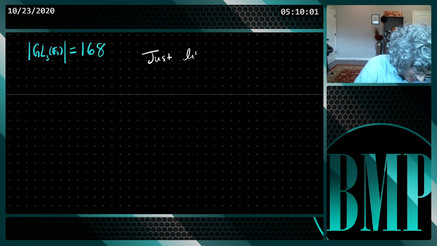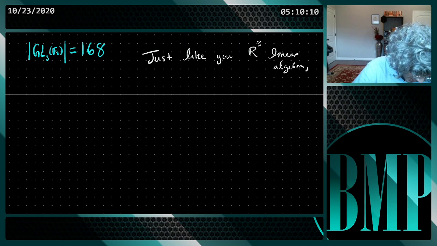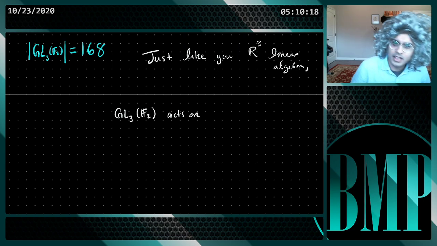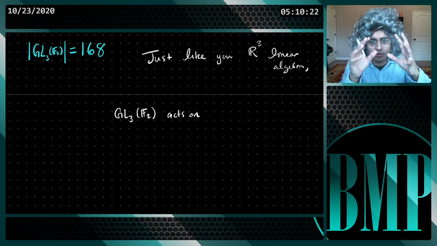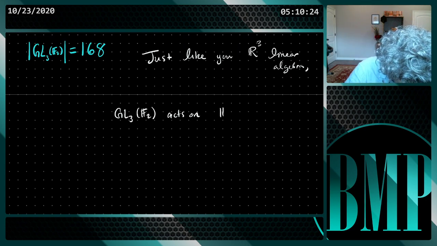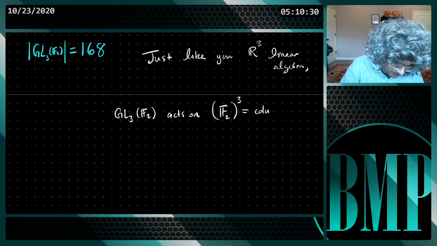This group of matrices acts on, I'm just going to call it F2 cubed. Just like R3, but now with this number system, and you should just think of these as column vectors.